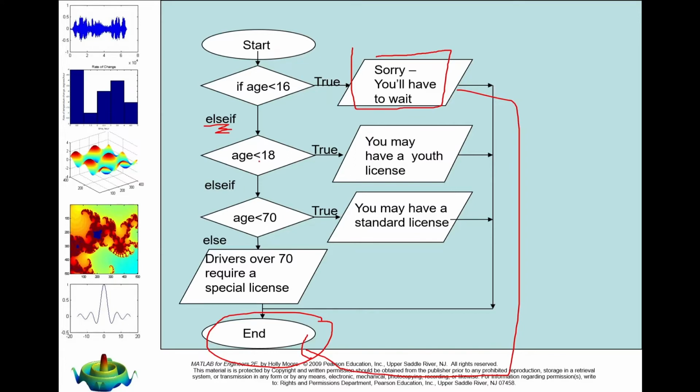The program will continue through the if structure until it finally finds a true comparison. If the first comparison is false, it enters the age below 18 check, and if it is true, it will execute this you may have a youth license and then exit the program.